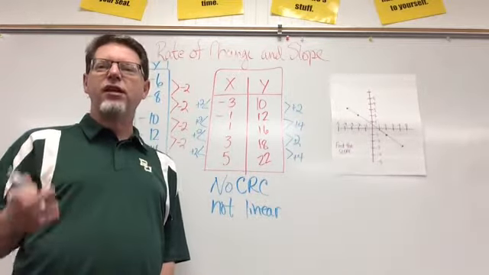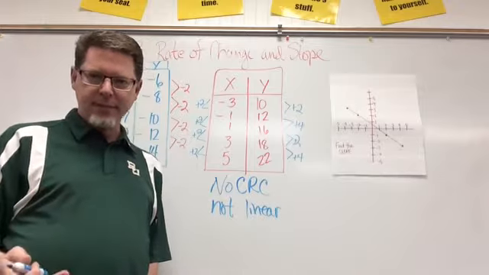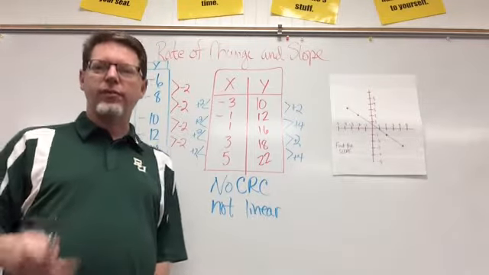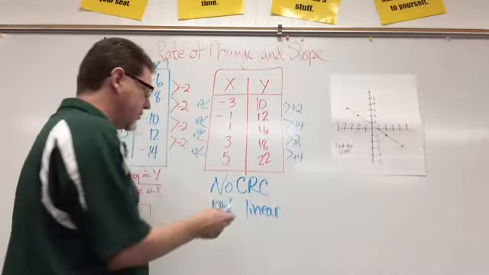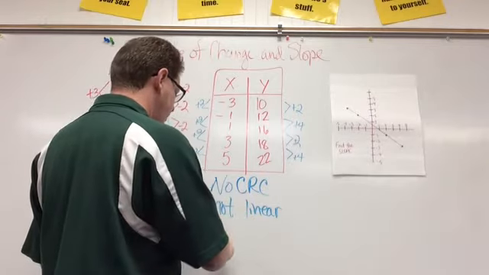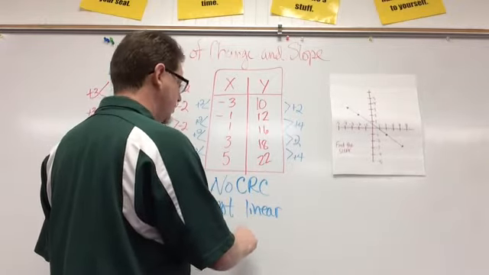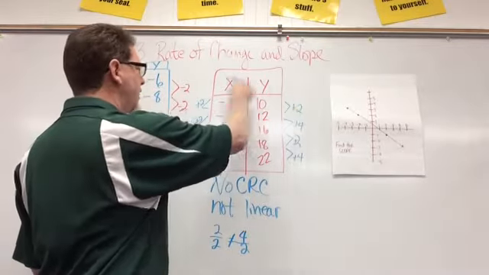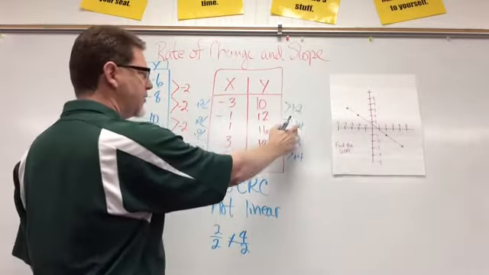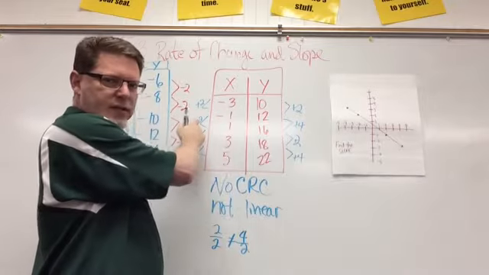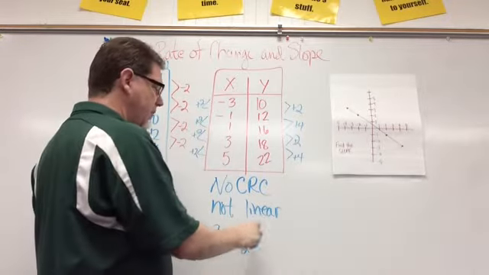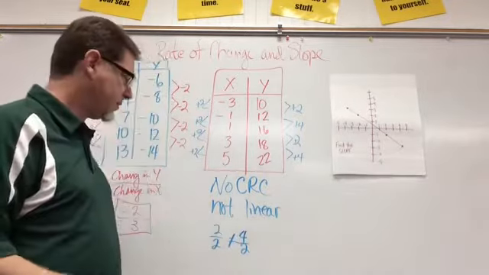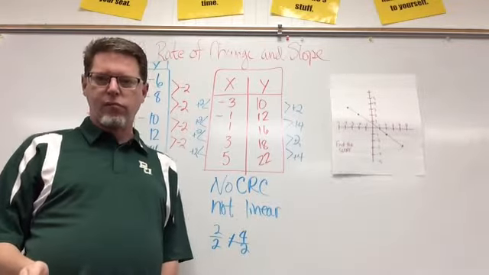The constant rate of change has to be the same in order for it to be a linear function. So to verify, I could say 2 over 2 does not equal 4 over 2. This change in y over this change in x does not equal this change in y over this change in x. So that makes it no constant rate of change, and it's not a linear function.